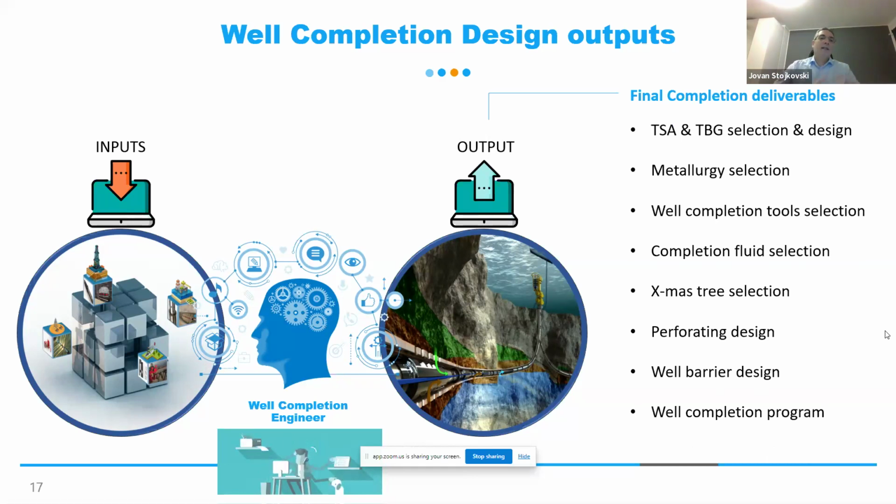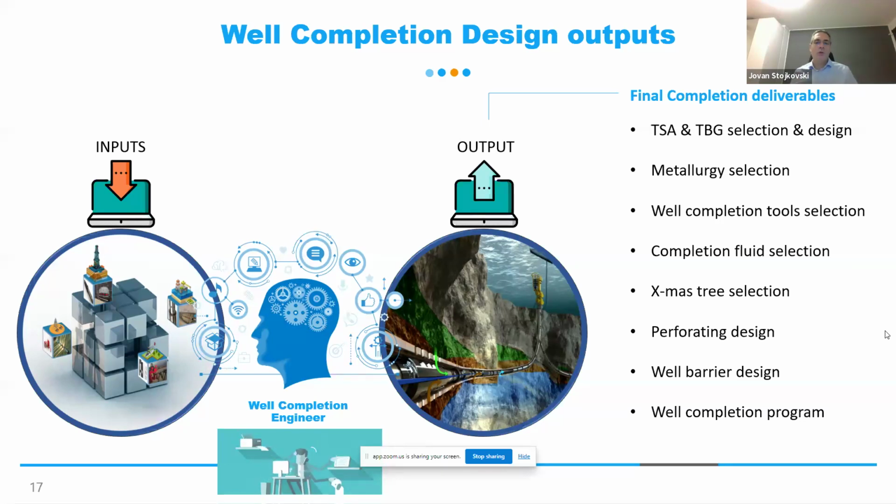As I said from the beginning, those deliverables can be preliminary designs, but when we come to the define phase, as you remember from our journey of the completion engineer and all those phases, we need to finalize our design and validate it.